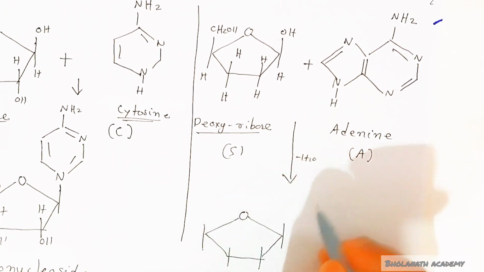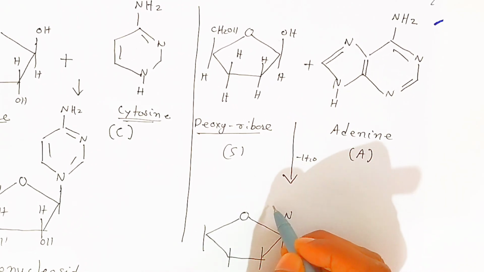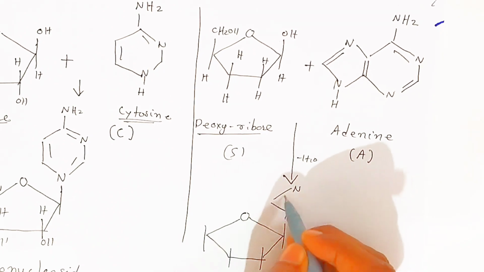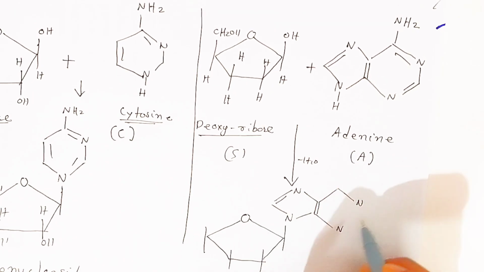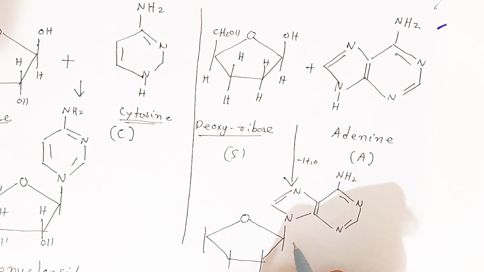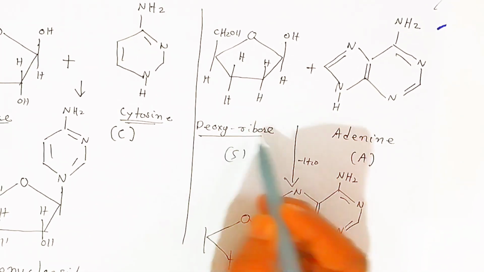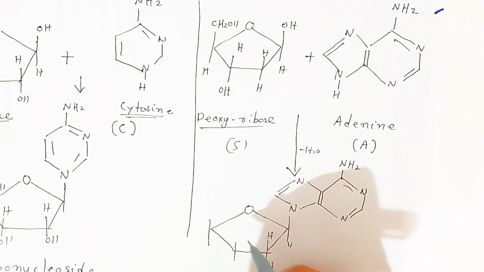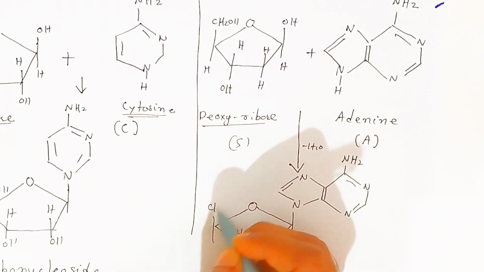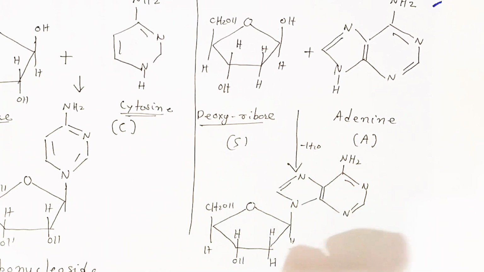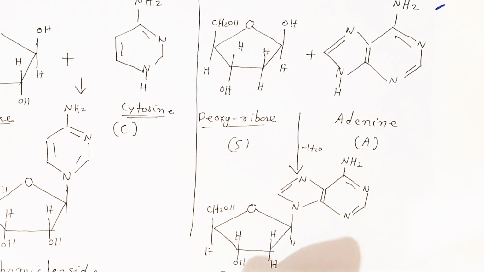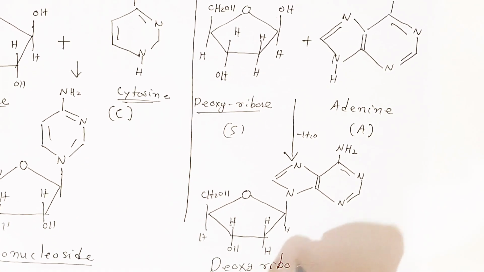Again you draw the structure like this. Only hydrogen, students; you do not draw oxygen because it is deoxyribose. So HOH will be here, CH2, OH and hydrogen. So this is called a deoxyribonucleoside.